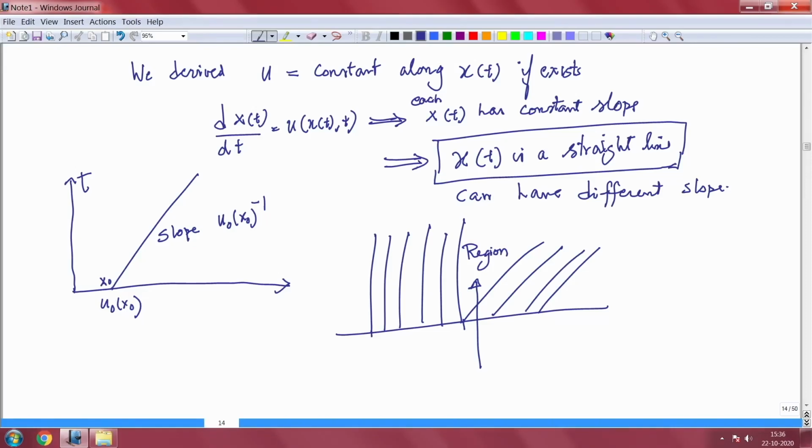So if there are no characteristics, there is no information. This is called a rarefaction region.